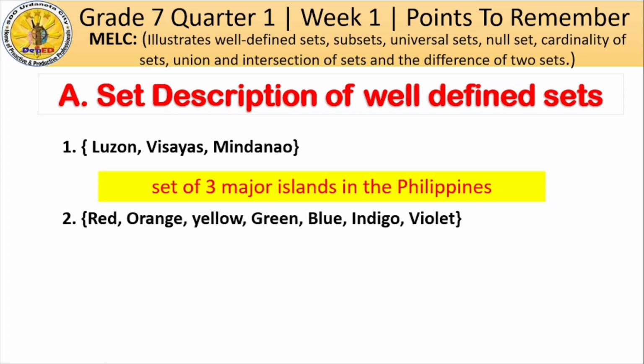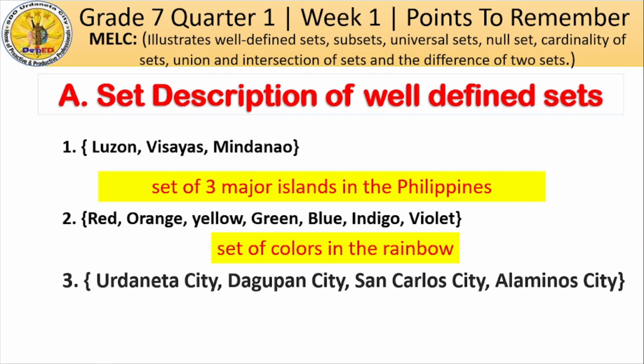Example number 2, red, orange, yellow, green, blue, indigo, and violet. This has a set description of the set of colors in the rainbow. Example number 3, Urdaneta City, Dagupan City, San Carlos City, and Alaminos City. This has a set description of the set of cities in Pangasinan.